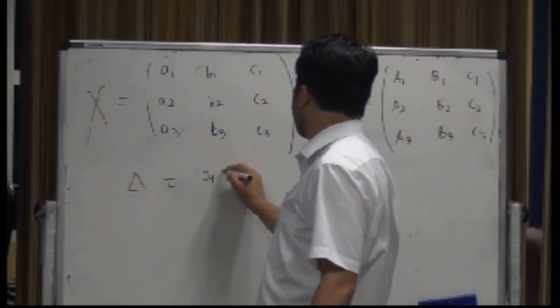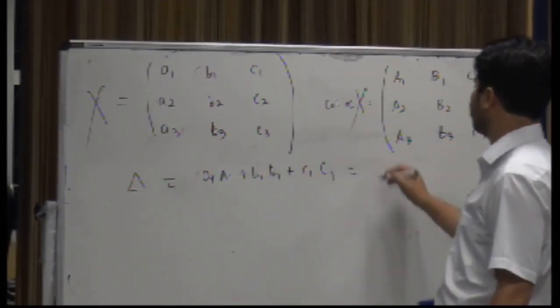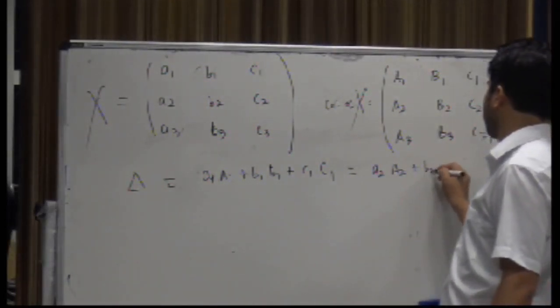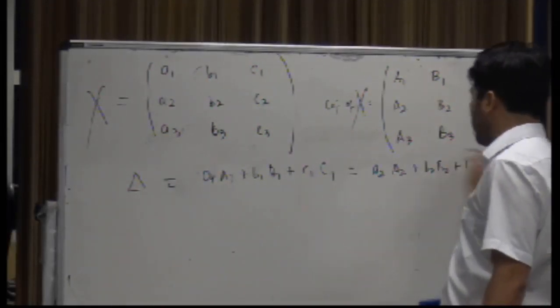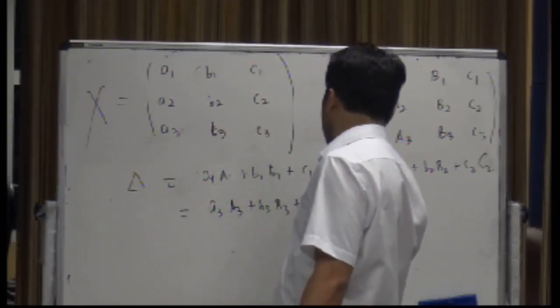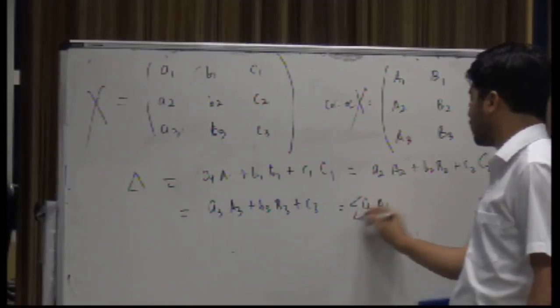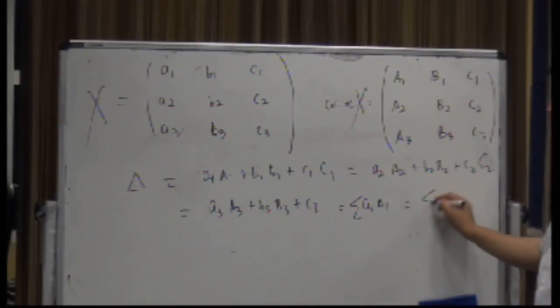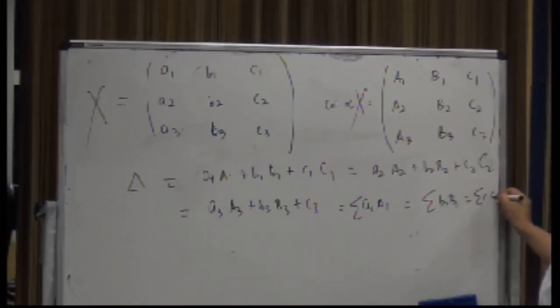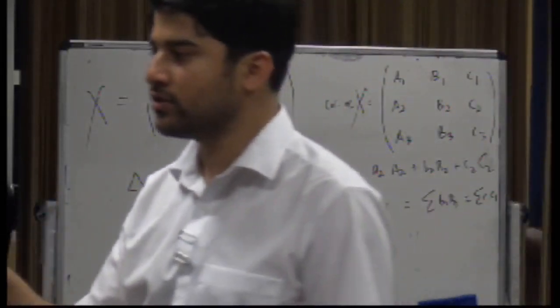Delta would be equal to A1 times its cofactor, B1 times its cofactor, and so on, or even we can go with a column, sigma A1. Understood? Both are right.